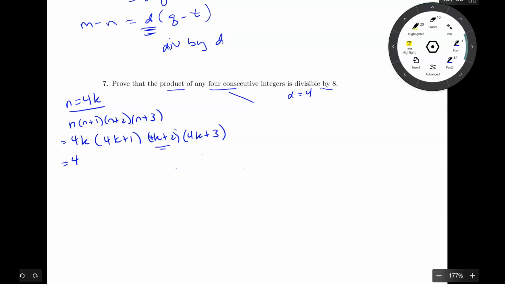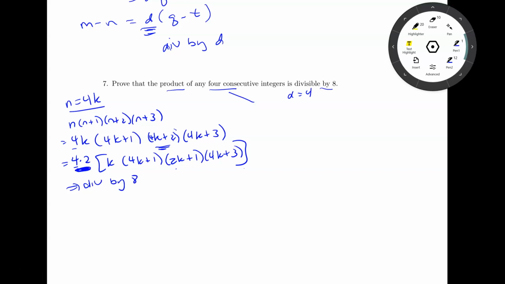So I have this 4, and then factoring a 2 out of here, I'll have k, 4k plus 1. If I factor a 2 out of here, I get 2k plus 1, 4k plus 3. Okay, so this is divisible by 8 because I've got the 8 right there. Okay, case 1 done.